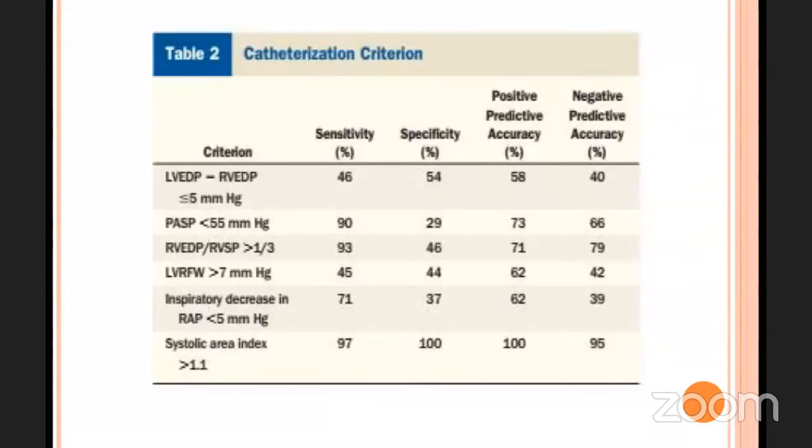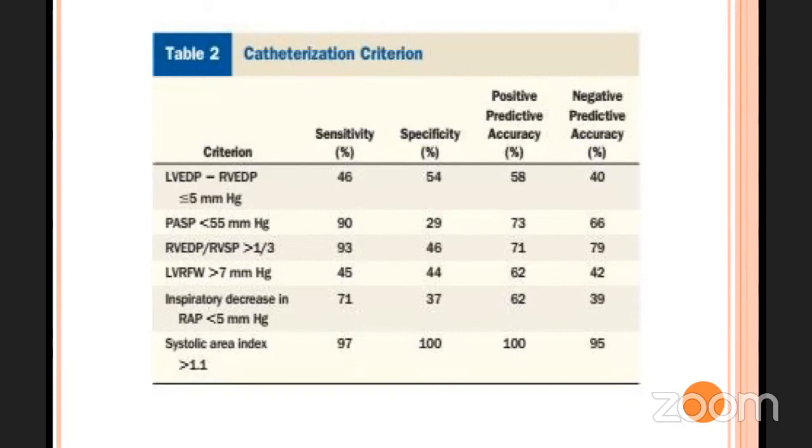Whereas the other one, for example, equalization of the pressures, had a sensitivity of only 46% and a positive predictive value of only 58%. All the other things, including even the inspiratory decrease in RA mean pressure of less than 5 millimeters of mercury, had a specificity of only 37% and a sensitivity of 71%.